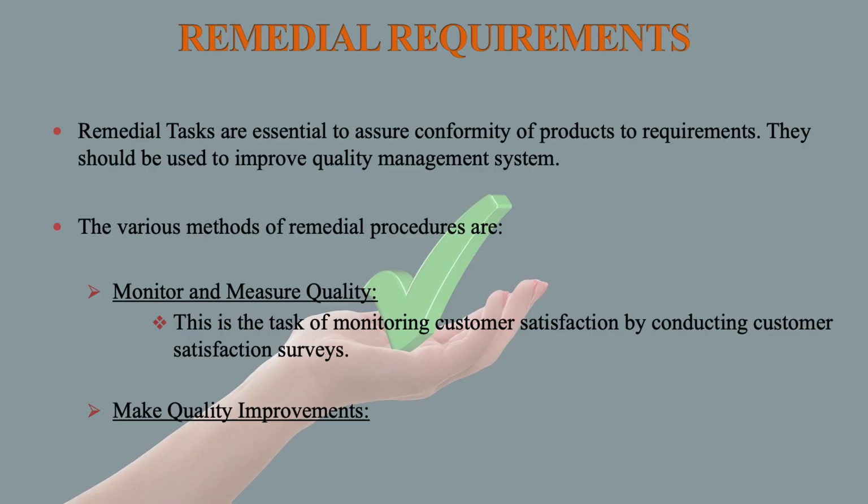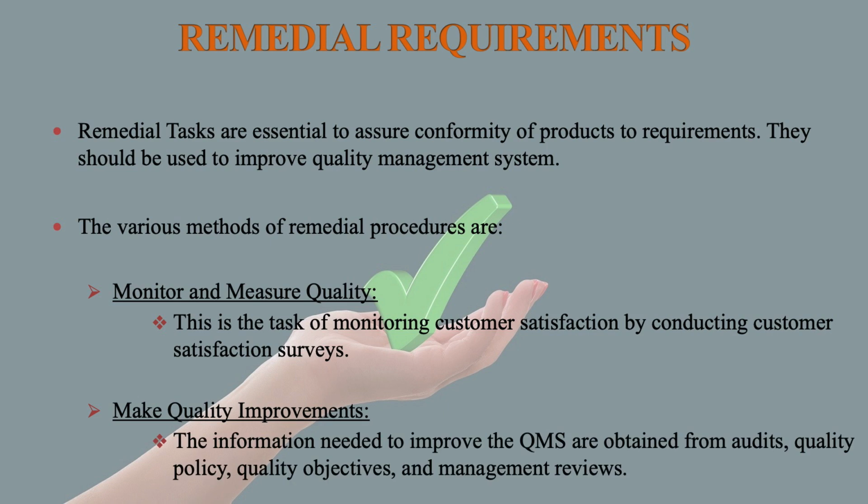Monitoring the satisfaction of customers will be done through various survey methodologies. Then make quality improvements. The information needed to improve the quality management system is obtained from audits, quality policy, quality objectives and management reviews. These are the various processes through which we can get feedback about where improvements are required in the quality management system.